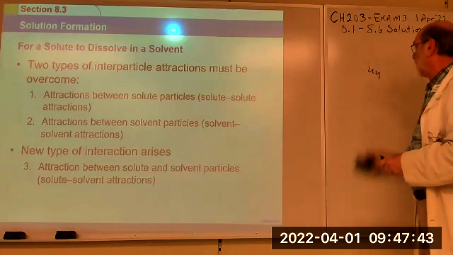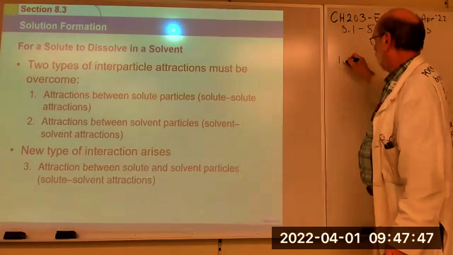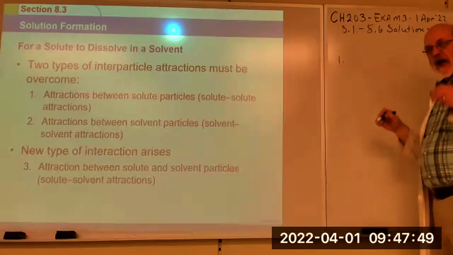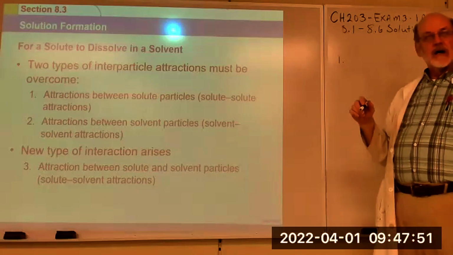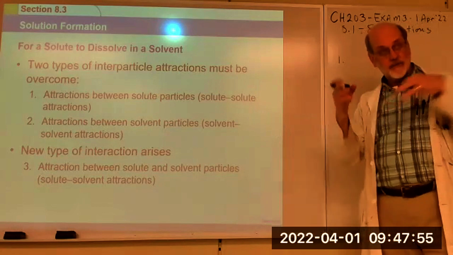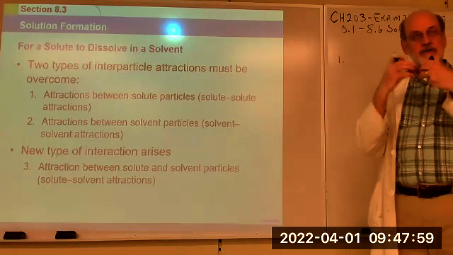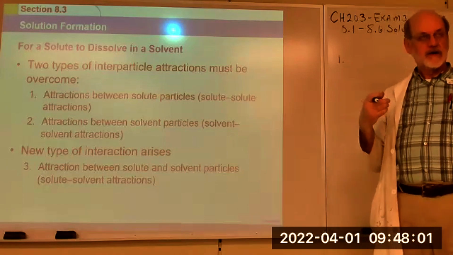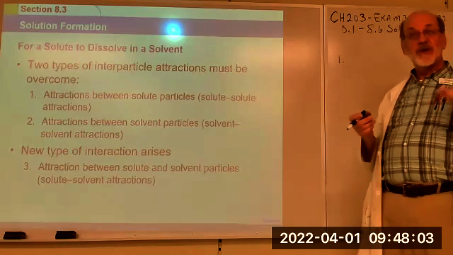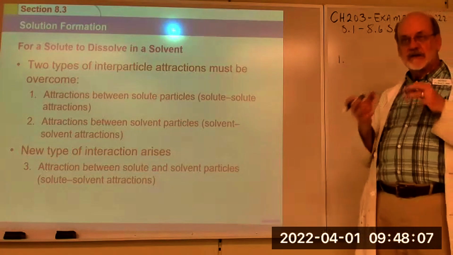That's a little better. Okay, 3-step process. 1, the solute is separated from the solvent before we put them together. You recognize that the solute molecules have an attraction for one another. Right? If it's a very strong attraction, there'll be a solid. If it's a little weaker attraction, there'll be liquid.